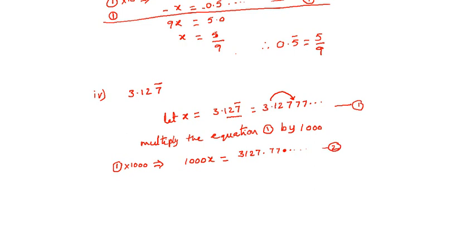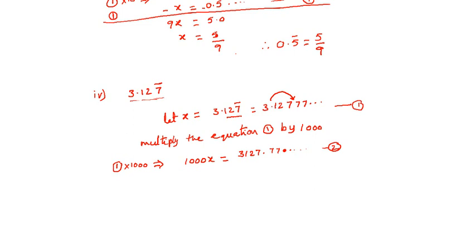Okay. Now you may observe the 3.127 bar. After the decimal point, how many digits are there in the non-recurring part? 1, 2.